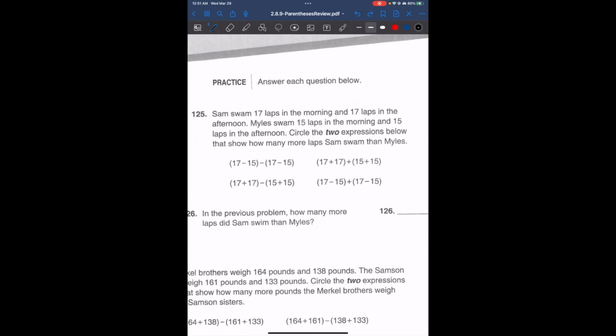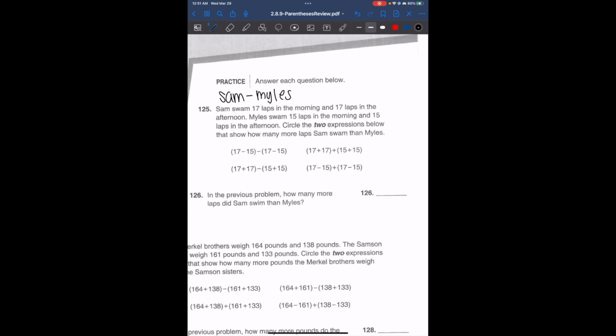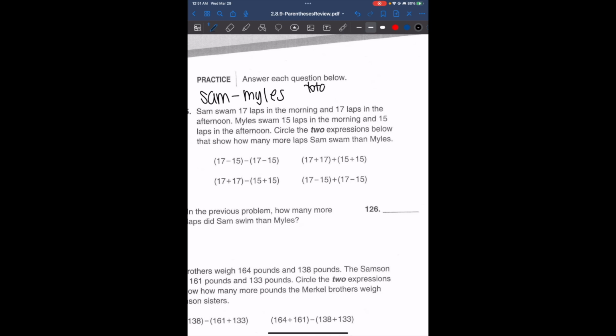So to figure out how many more laps Sam swam than Miles, we need to do the total laps that Sam did minus the total laps that Miles did. And in order to do that, we need to figure out the total number of laps Sam did and the total number of laps that Miles did. So the total for Sam is going to be 17 plus 17, and the total for Miles is going to be 15 plus 15.